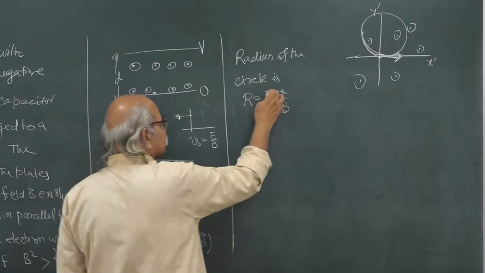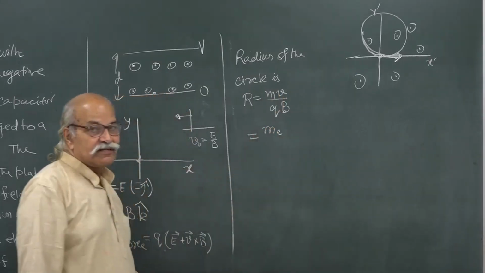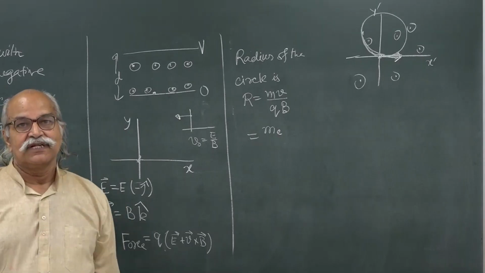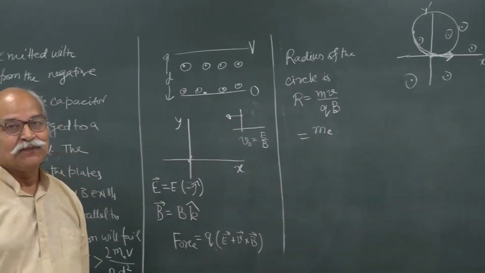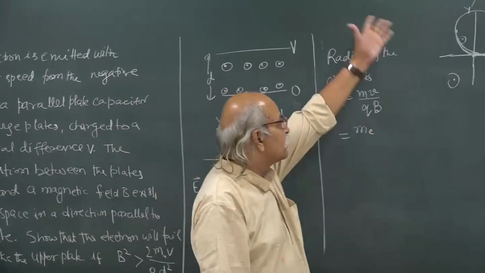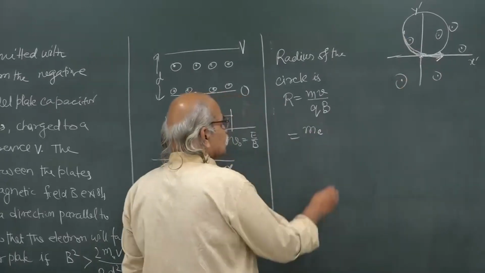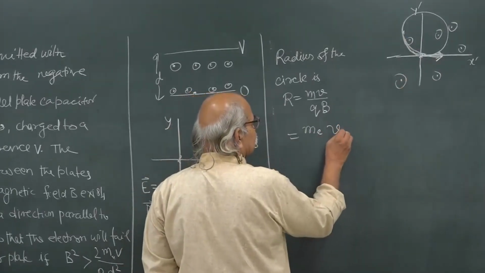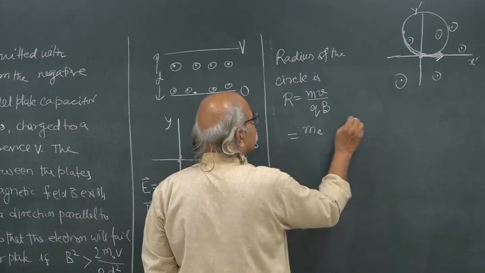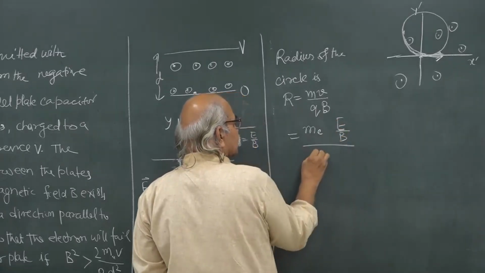So, m is mass of electron, and v, the speed, does not change, there is no electric field. So, whatever is the speed at t equal to 0, that same will be the speed throughout the motion, and that is this v 0, which is E by B. We can write it E by B, then divided by charge of electron.